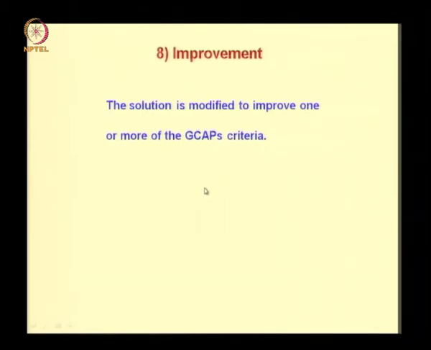In the testing step, if we find that some of the GCAPS criteria are not met satisfactorily, then we try to improve them, and finally we try to extract the parameters of the model in order to use the model to fit with measured data.